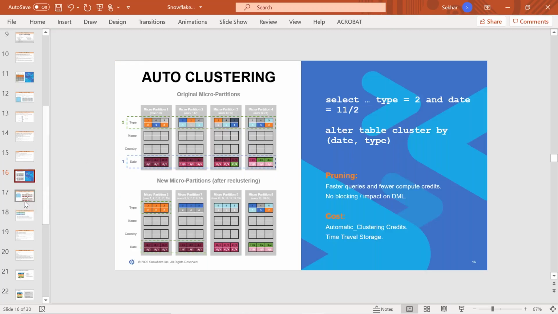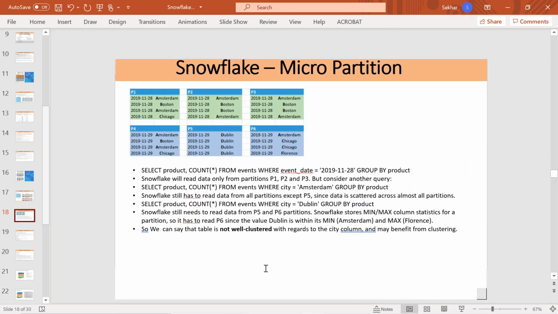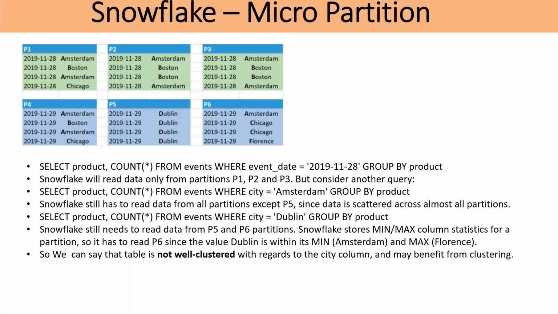And this is what the clustering is. So I've given an example. There's a table which has P1, P2, P3, P4, P5, P6, and the query that I'm running is: select product, count star from events, an events table, where event date is equal to 2019/11/28, group by product.